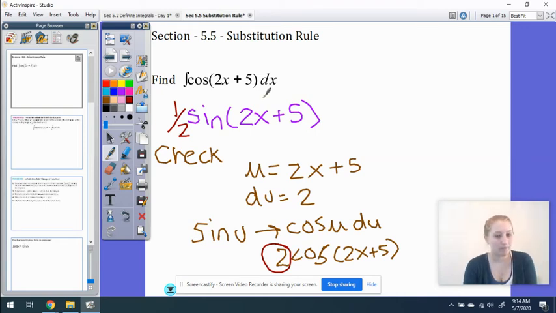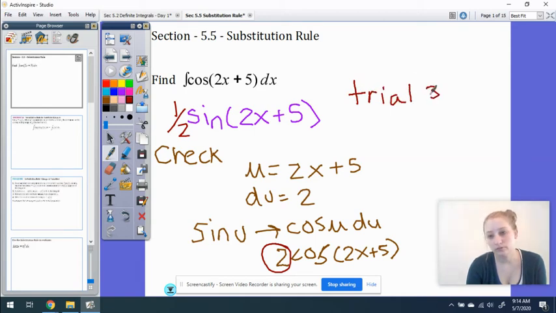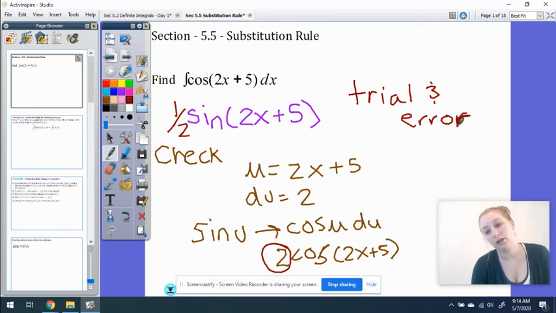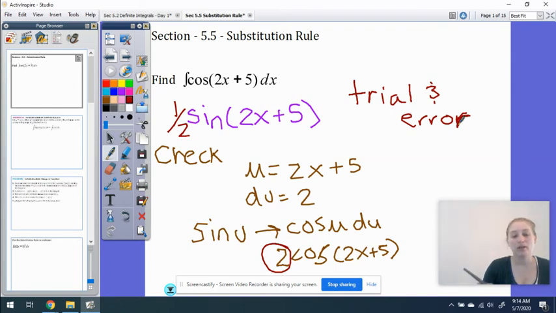So we did a good job. That process is called trial and error. But what you essentially have to look for in this section is how the pieces are different from each other. And we're going to get a lot of practice with this, okay?